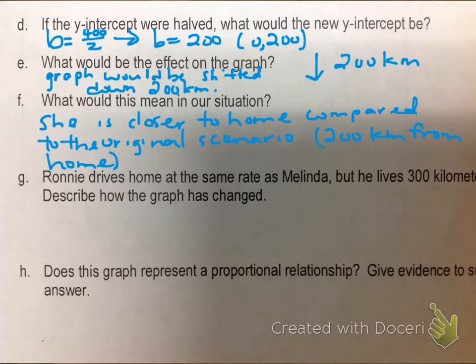So he drives home at the same rate. What does that mean? Okay, this is just kind of off the topic just a little bit, but it's good for you to know. What does this mean? Yeah, that means they have the same slope. Okay, so they have the same slope.